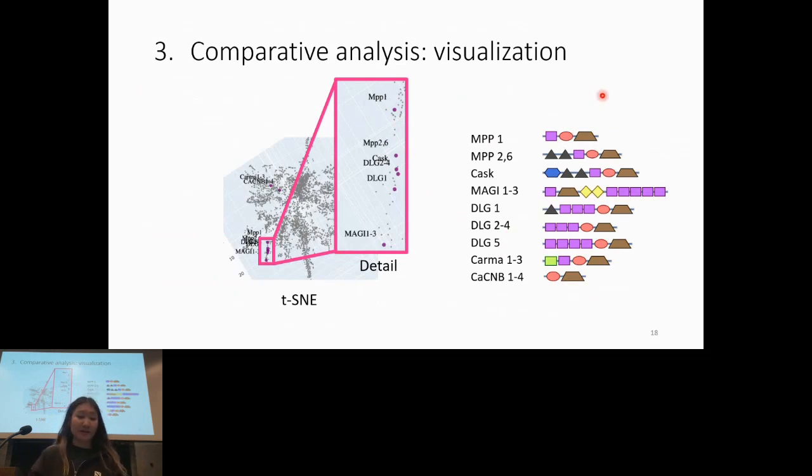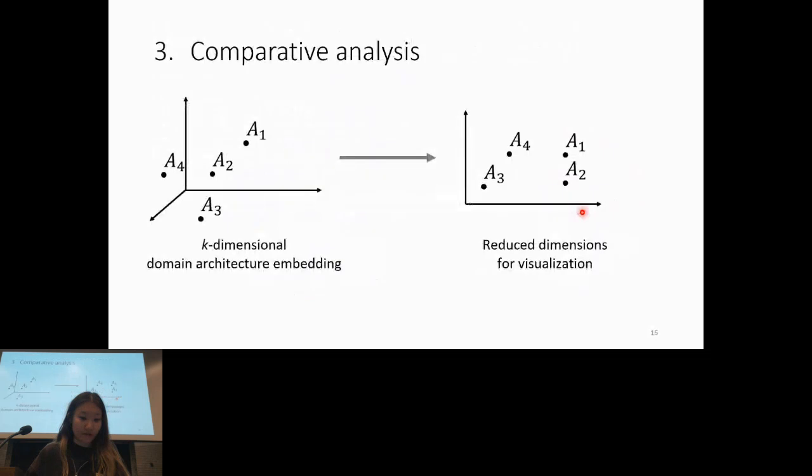So the question was, we have these domain architectures from the same family, very close in this space, as shown here. But there are also other dots that are close to these. What are they? Do we know that they are also close in architecture to these? Yes. These mostly also contain this PDZ domain.